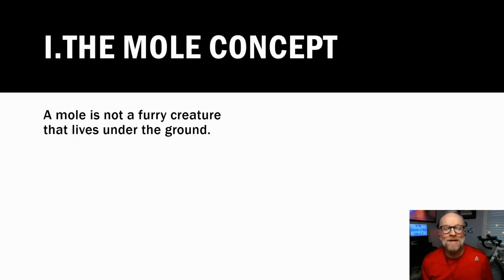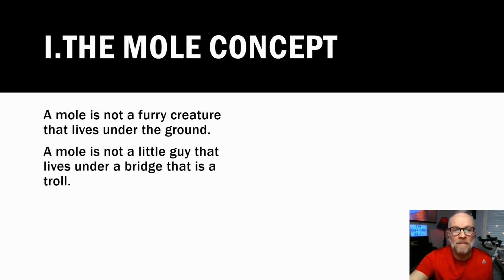Okay, a mole is not a furry critter that lives under the ground, although that is a mole, but a mole is our term that we use for a grouping of objects. A mole is not a little guy that lives under a bridge. That's a troll.